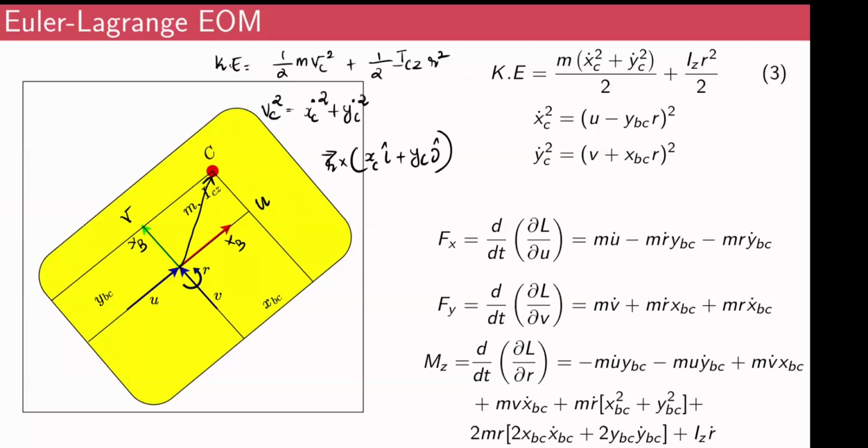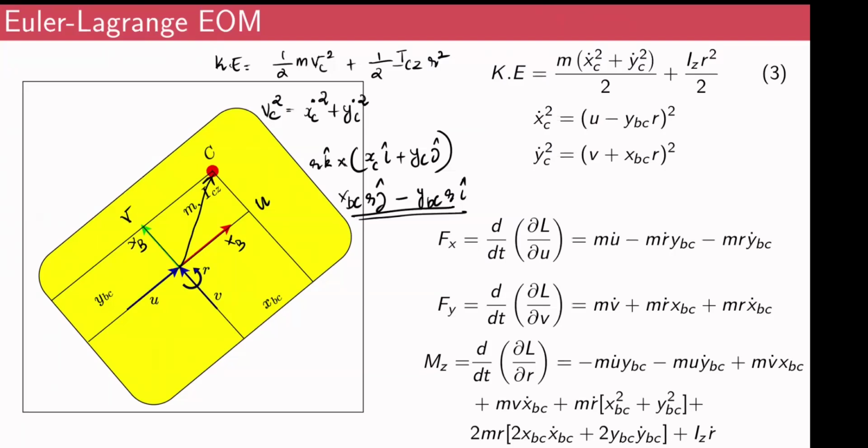So if you expand this, r is along k, the k unit vector. You will get xbc r, since k cross i is positive j, and k cross j is minus i, so minus ybc r i cap.